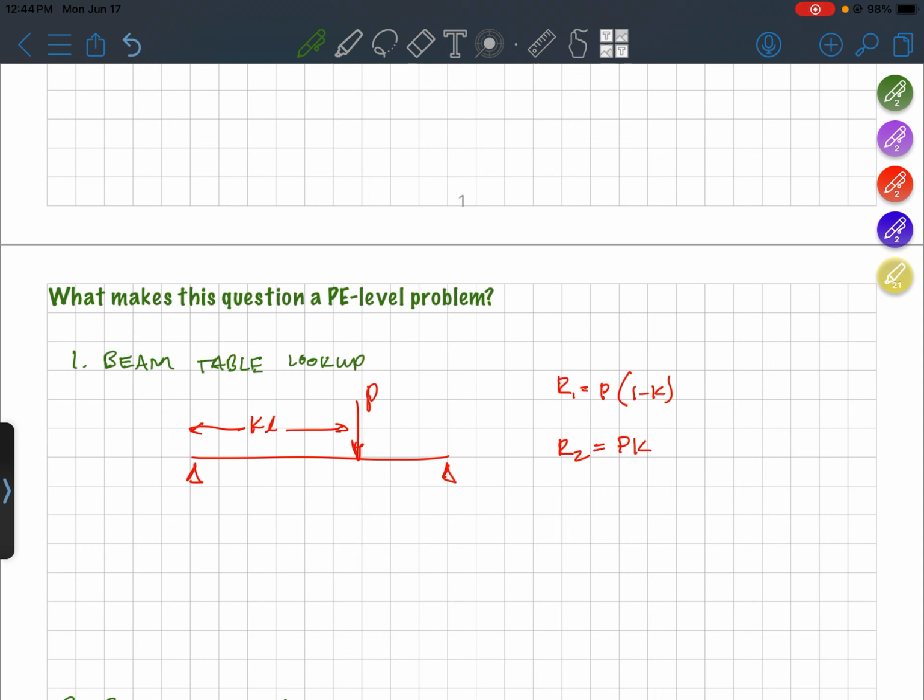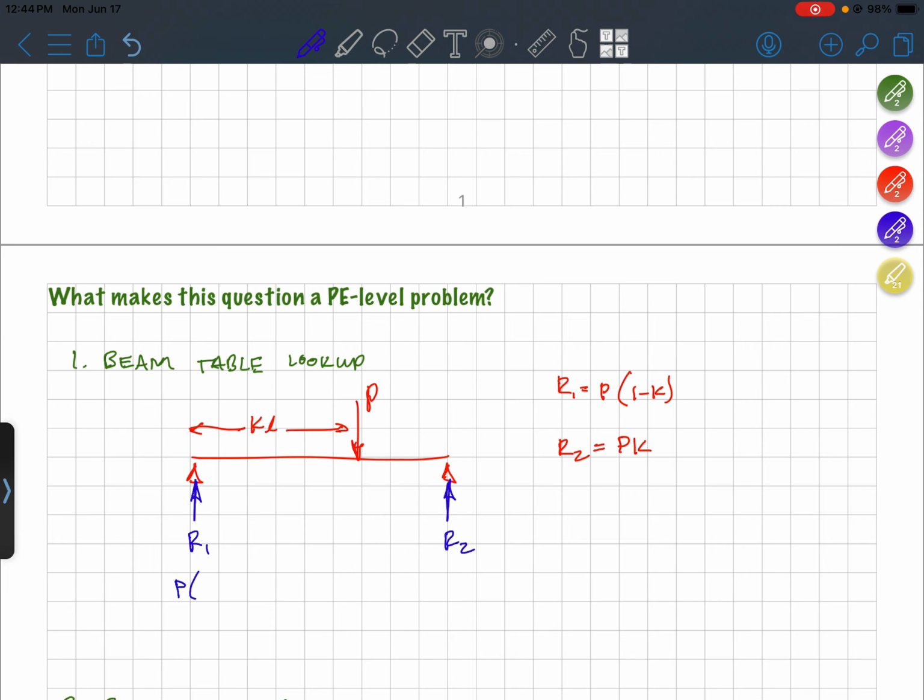For instance, simply supported beam with an off-center load gives you the image that you see in red here. Just this. You've got a distance KL, a load P, then you're given some info about R1 and R2. But R1 and R2 aren't labeled on the diagram. It may seem silly, it may seem simple, but it's not self-explanatory. You have to have used these beam tables enough to know that that's R1 and R2.